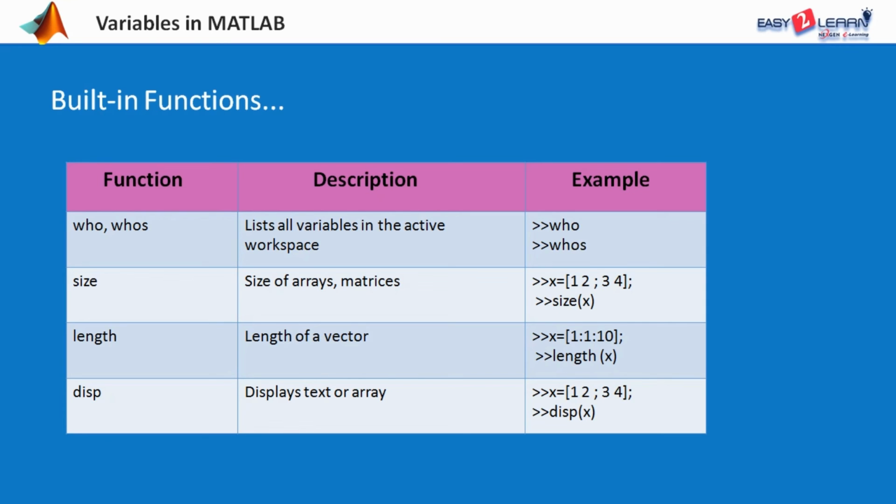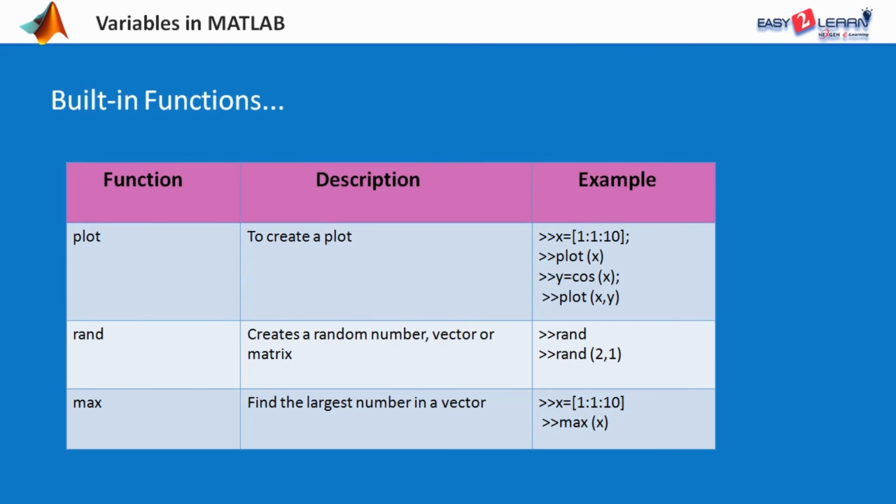Then the size command, which is used to display the size of arrays or matrices. The length command will give the resultant length of a vector. Then the disp command, which is used to display text or an array. Next is the plot command, which is used to create a graph or a plot. Then the rand command, which is used to create a random number or a vector or a matrix.